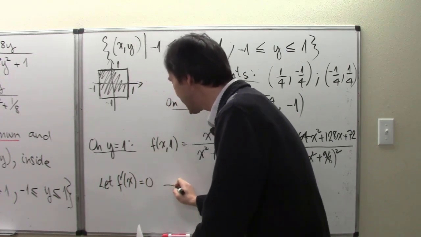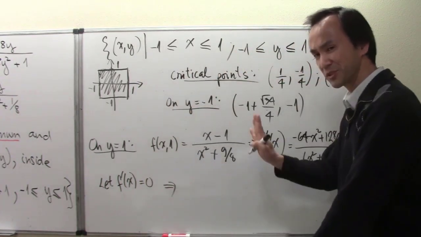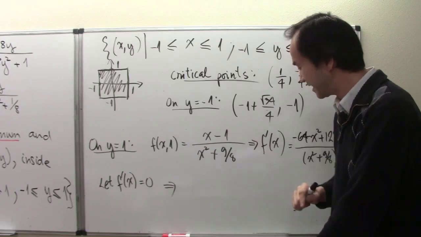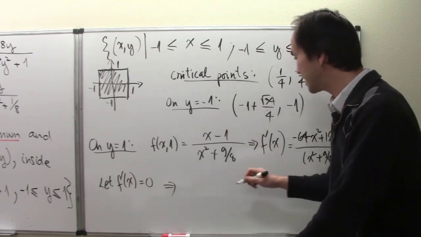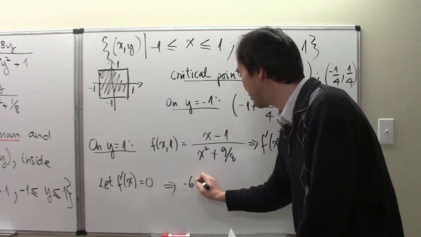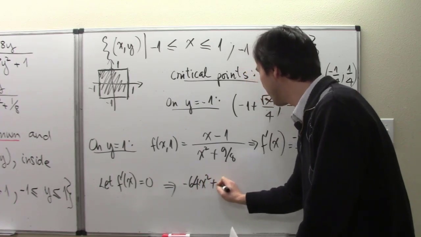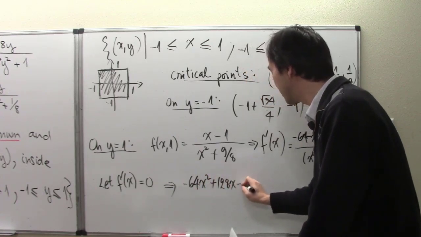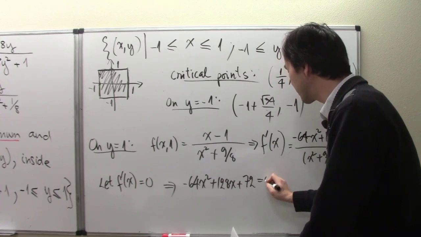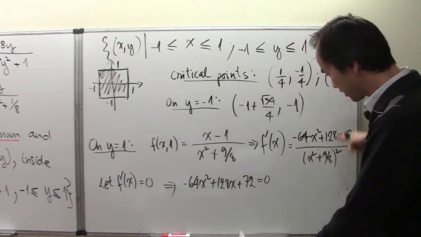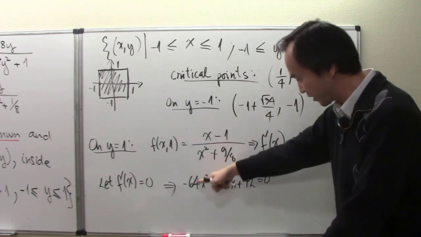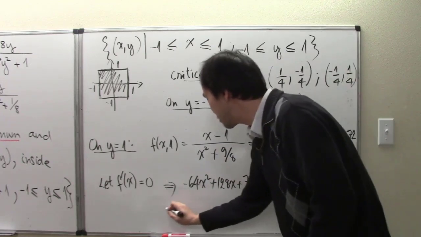You've seen that argument I've made earlier, similarly to that. So now I'm going to lead to just having minus 64 x squared plus 128x plus 72 set equal to 0. The whole thing was initially set equal to 0, and that reduces down to this. And that leads to our equation here.